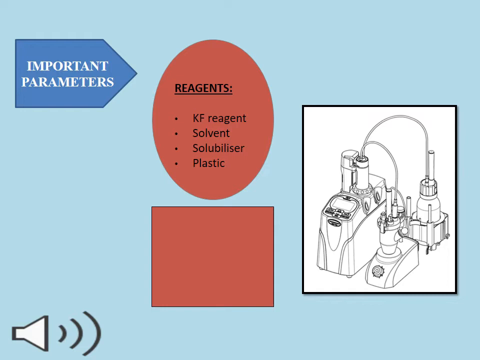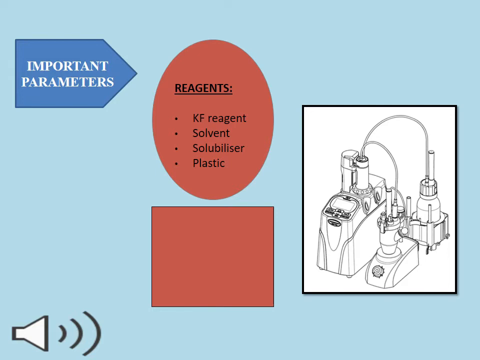The figure shows the experimental setup for the KF titrations required to determine the moisture content in the plastic or the polymers, depending upon the type. The operators include the KF titrator, graduated cylinder, beaker, and the balance. Whereas when coming to the reagents, they include the KF reagent, which, as I have told earlier, includes sulfur dioxide, iodine, pyridine, and water.